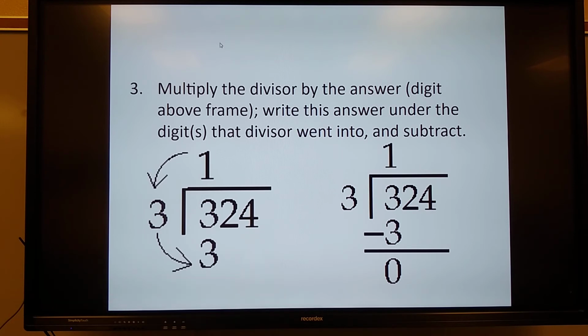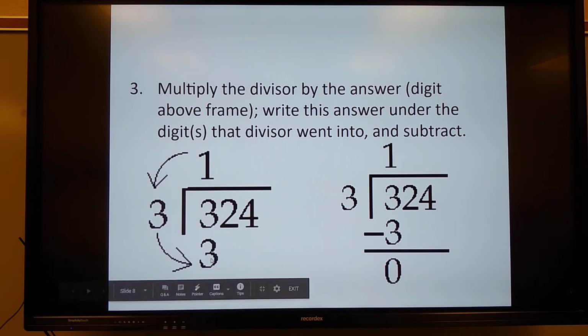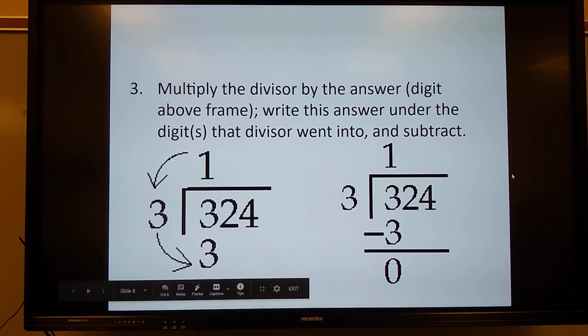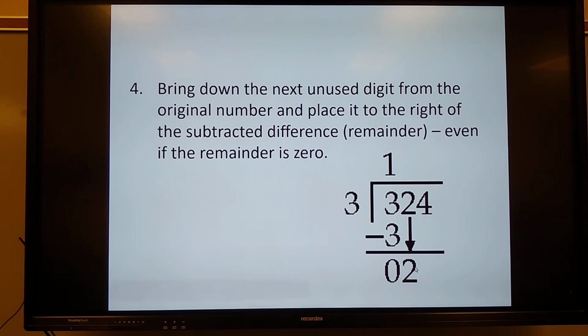Multiply the divisor by the answer, the digit above the frame. Write this answer under the digit or digits, depending on the problem, that the divisor went into and subtract. So here we go. 3 goes into 3 one time. 1 times 3 is 3. 3 minus 3 is 0. That's the subtraction part. Divide, then we multiplied. Now we're subtracting. The next step will be to bring down.